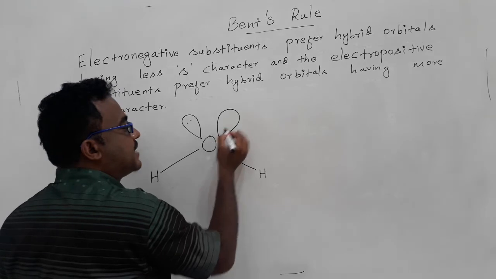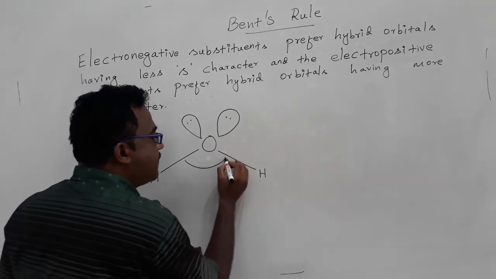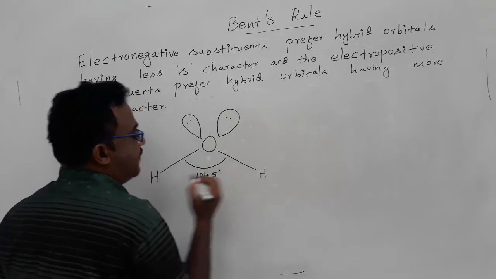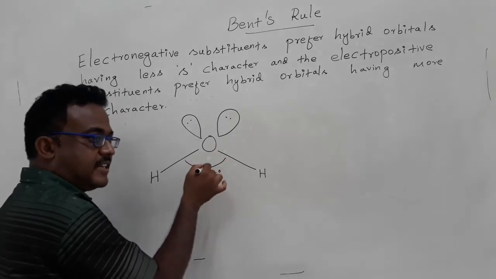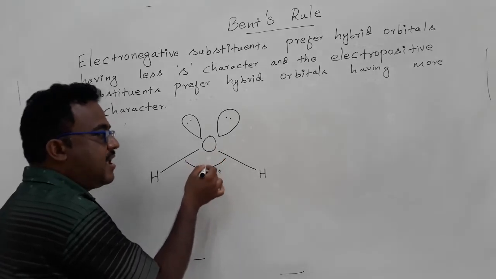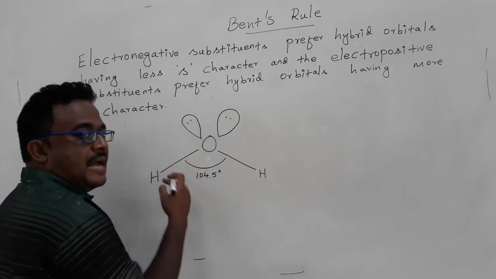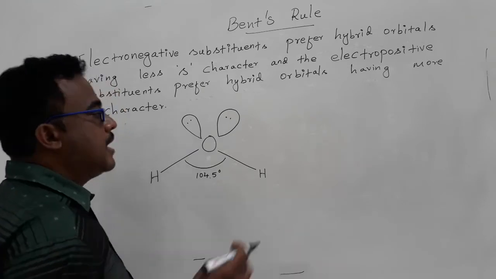It has a bond angle of 104.5 degrees, that we know. Actually it should have around 109 degrees, but the bond angle is decreased because of lone pair-bond pair repulsion, which we have already discussed in VSEPR theory.